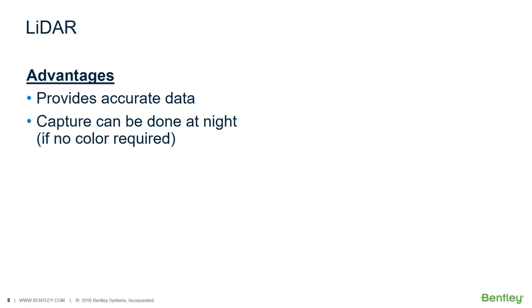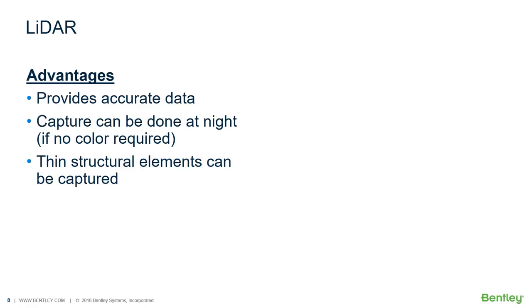So if you're looking for just a point cloud of XYZ, you could do that in the dark. You don't need any special lighting. If you are looking for RGB values from it, you would need lighting so that it can get good colors. Thin structural elements can be captured, as you saw there with the wire. Using LiDAR was able to pick that up. A lot of lattice, things like that, are easily picked up by LiDAR.